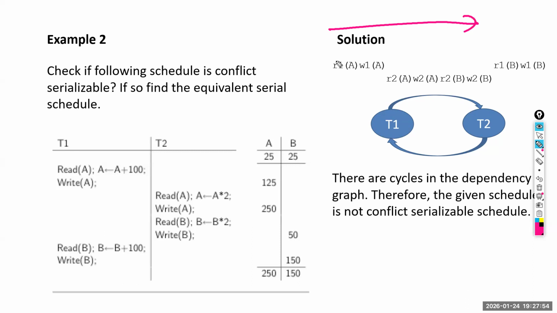So this one and this one is not a conflict because same transaction. Then this one and this one: read-read is not a conflict, though it's two different transactions and same data. But write-read is a conflict. Two different transactions, same data, at least one is a write. So that means there's a dependency between T1 and T2.